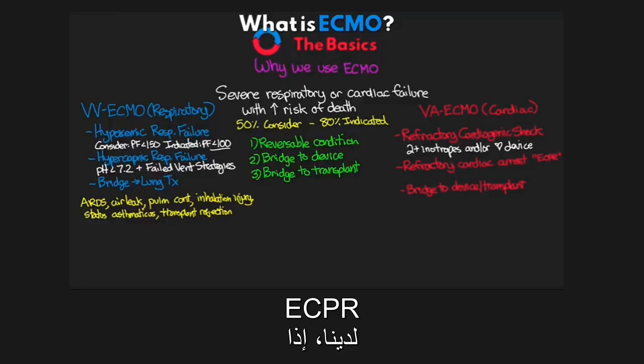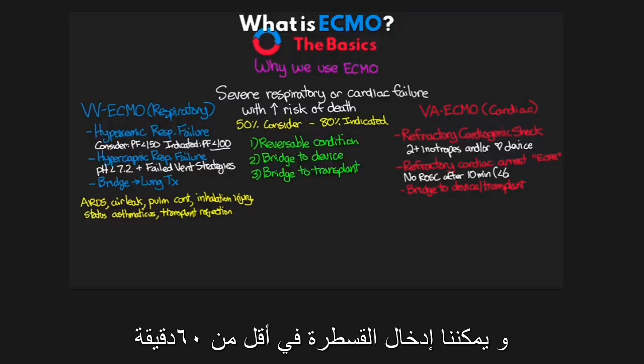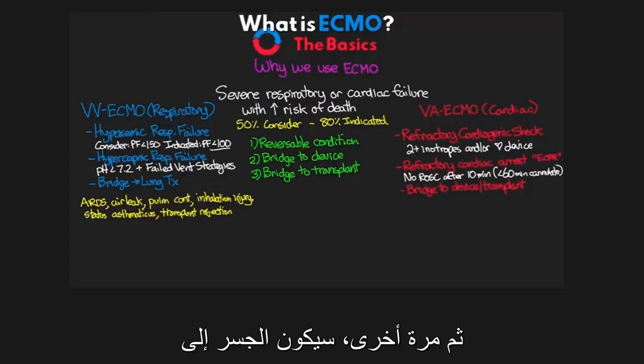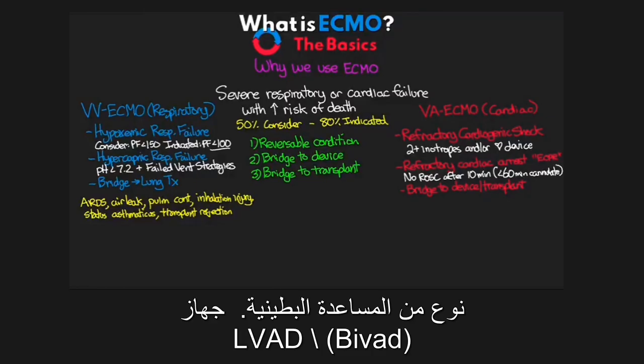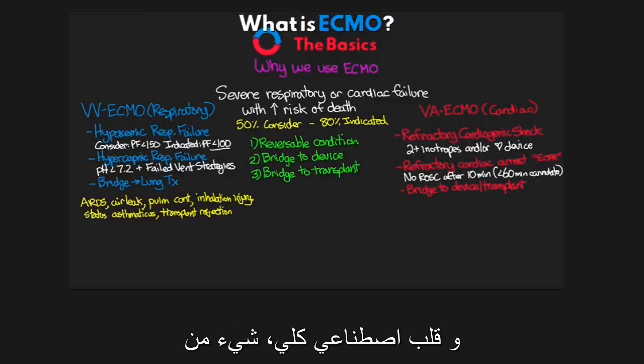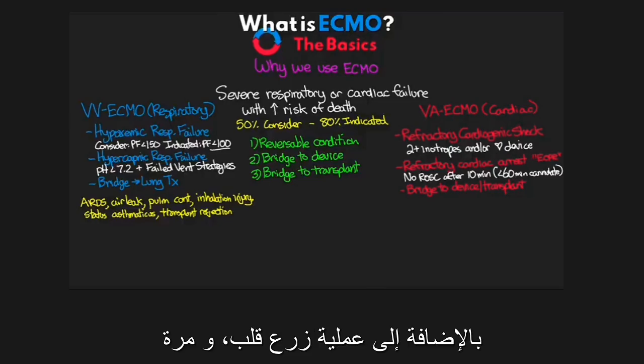In the case of our ECPR, if we have no ROSC that has come about after 10 minutes, and we can get them cannulated in under 60 minutes. And then again, finally, the bridge to a device would be some sort of ventricular assist device, LVAD, BiVAD, total artificial heart, something like that, as well as a heart transplant.